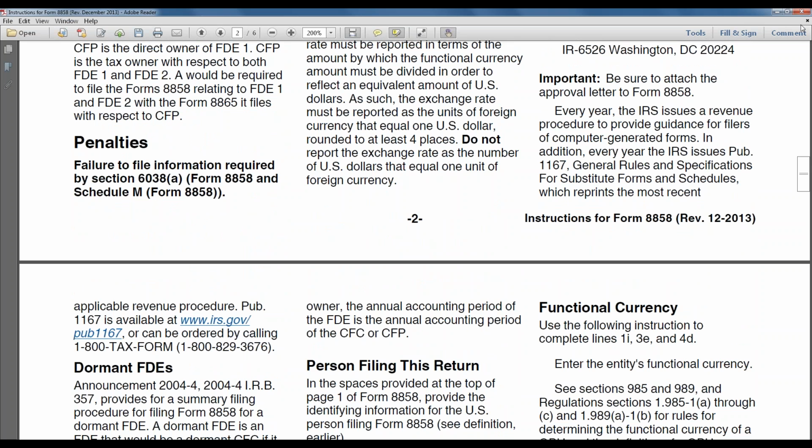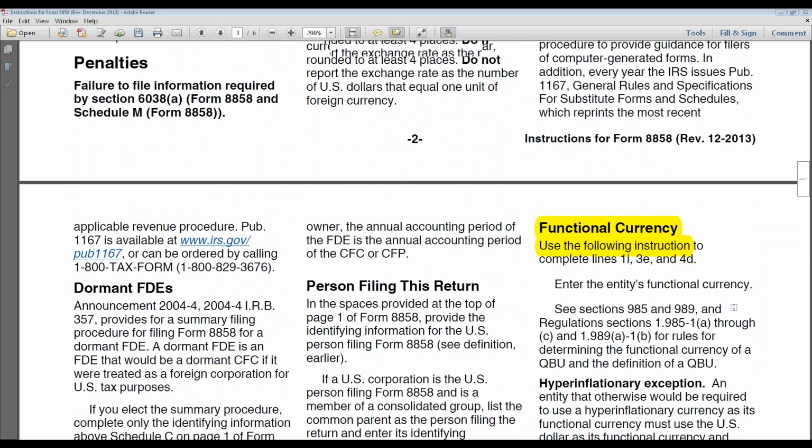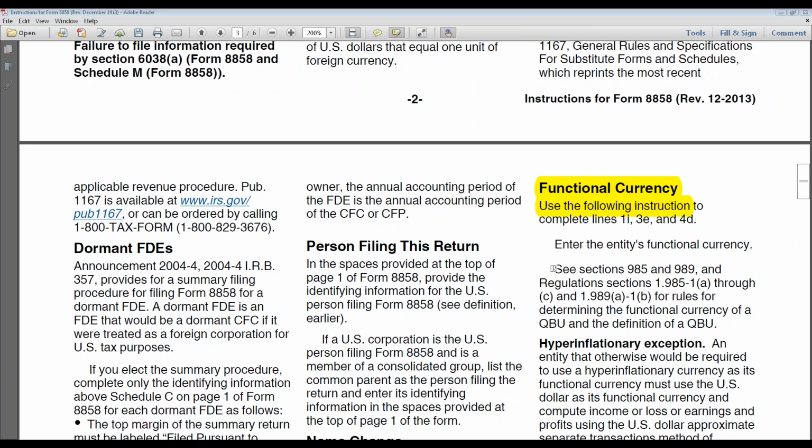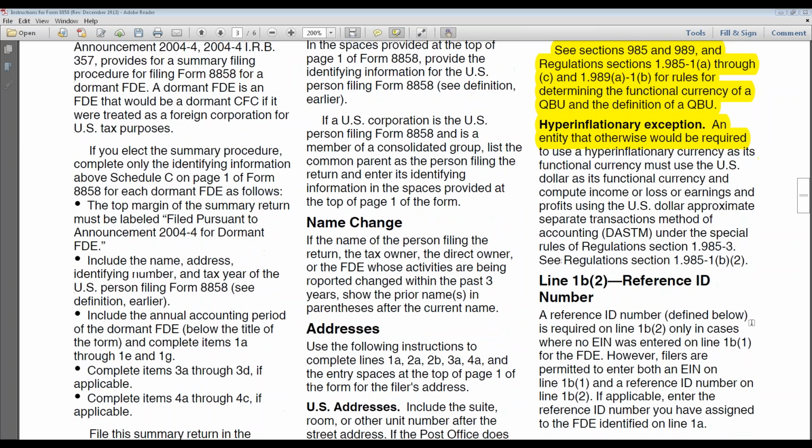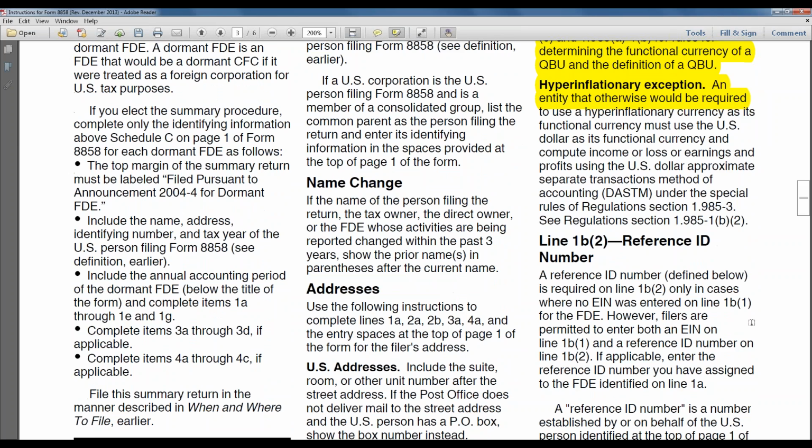Functional currency is always a big item, some tax planning opportunities in some cases. Unfortunately, you have to really get to know these code sections and these regulations. Hyperinflation exception, so far a few nations have that. Some have just given up their currency and gone to the US dollar.